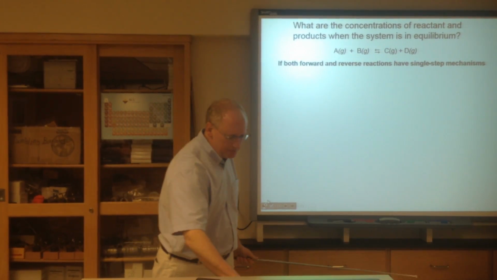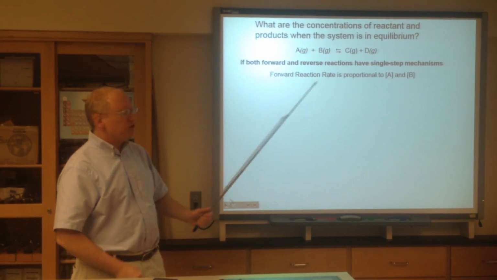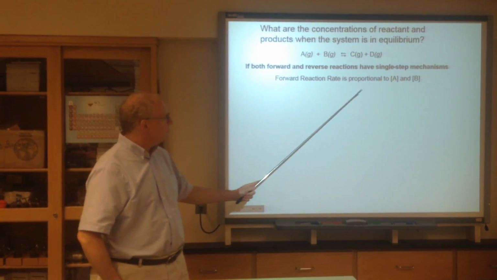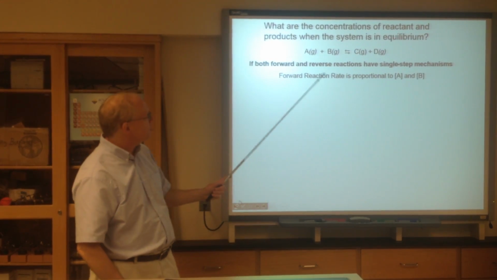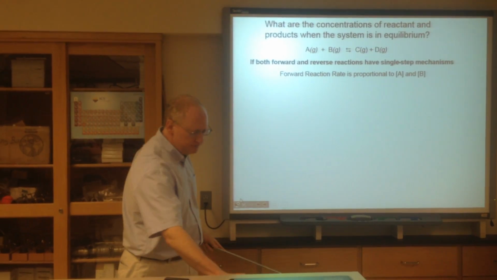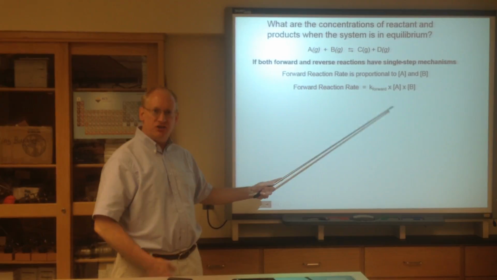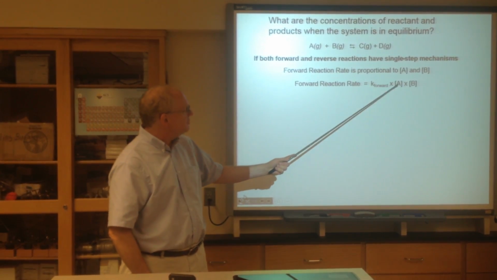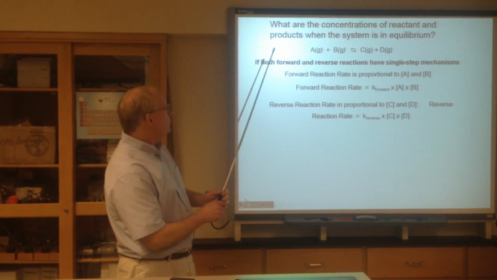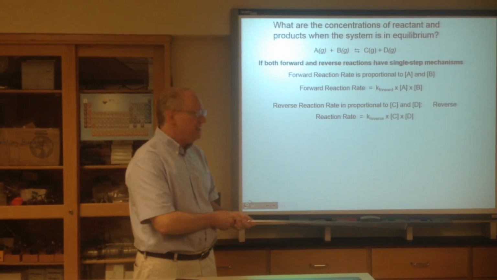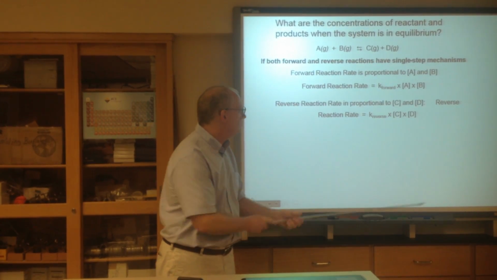For single-step mechanisms, we know that the forward reaction rate has to simply be proportional to the concentrations of A and B raised to the first power, because we only have one molecule of each here. And we can write that forward reaction rate as some constant, K forward, times concentration of A times concentration of B. And similarly, we can write the reverse reaction rate as some constant, K reverse, times concentration of C times concentration of D.